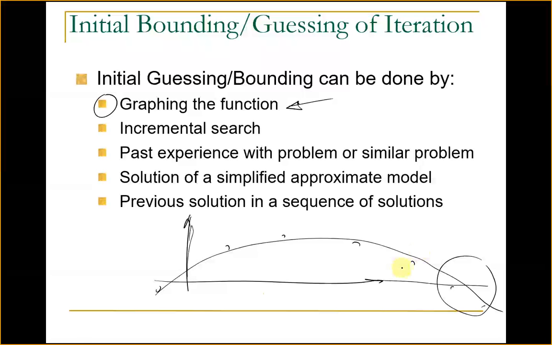Understanding that the graph doesn't give an exact answer. Okay, the graph just gives you an approximation of about where the 0 is, and then the iterative procedure will give you the exact answer. That's graphing. Incremental usually is one-sided in terms of your bounding.